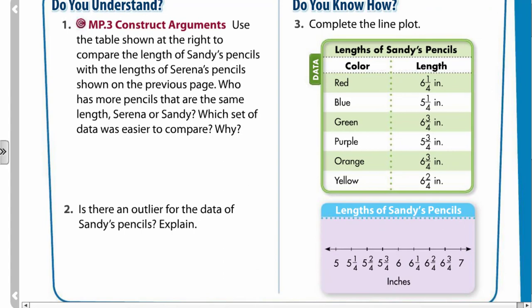And now, my heroes, I want you to try to solve question number 3 by yourselves. Go ahead, everyone. You have 1 minute. Question number 3. Use the data here to finish this line plot.